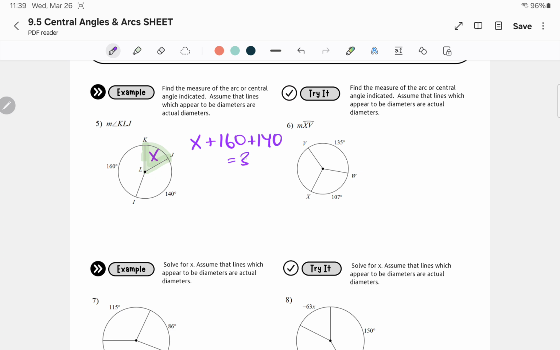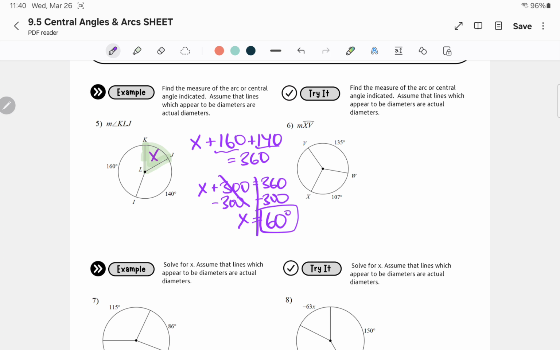And it's going to equal 360 because this time we have the entire circle, not a semicircle. All right, so now we're going to combine like terms. So 160 plus 140 is 300. And we can subtract 300 to get x is equal to 60.